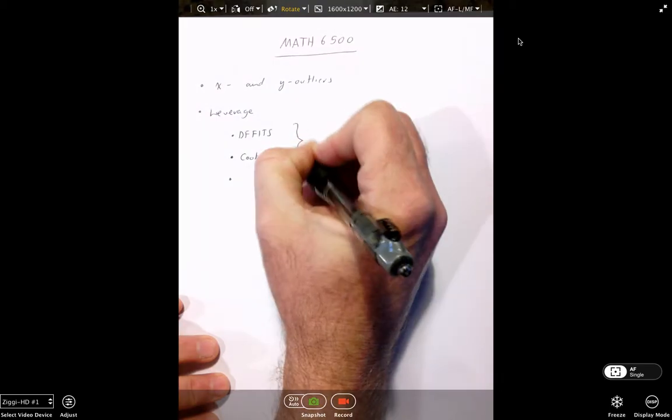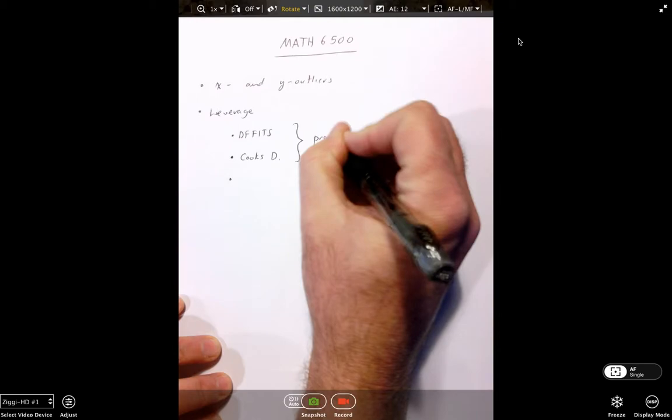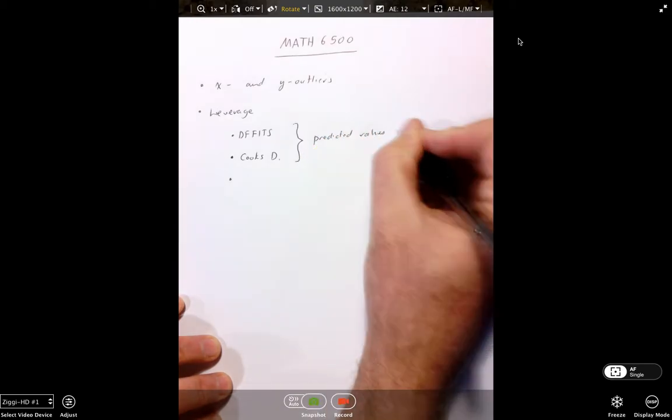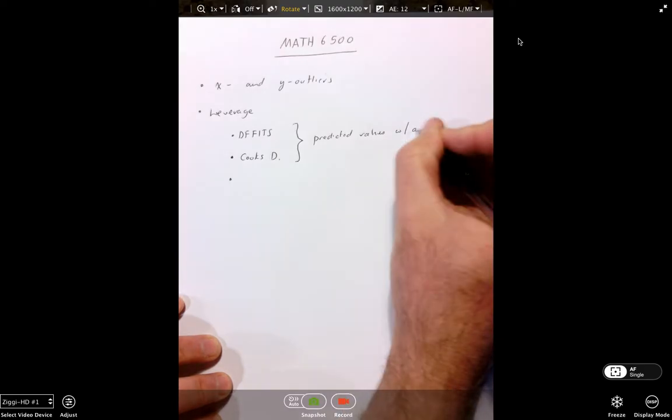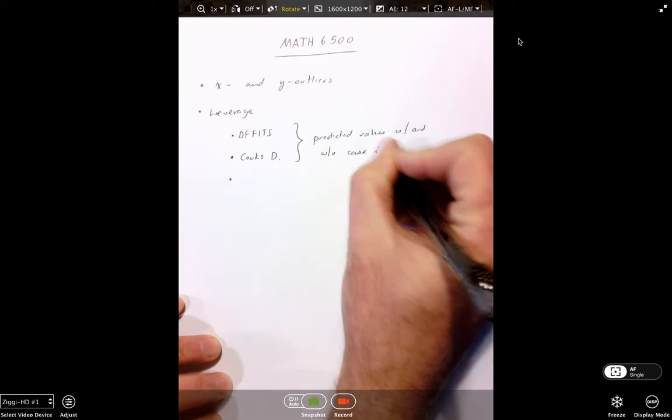So in essence, these two examine predicted values with and without case i.